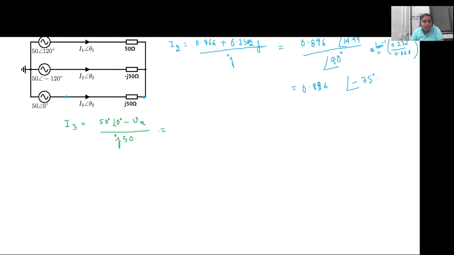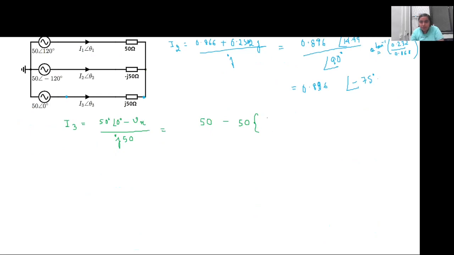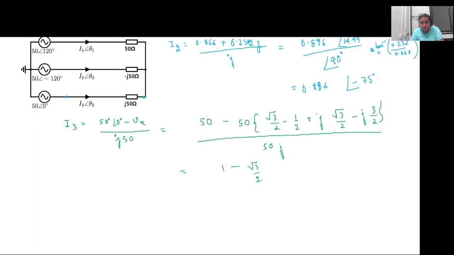with me. So this is I3, right? So 50 minus 50. So it is root 3 by 2 minus half plus j root 3 by 2 minus j 3 by 2, by j into 50. So we can get rid of this 50. 1 minus root 3 by 2 plus half, j root 3 by 2 plus 3 by 2j.